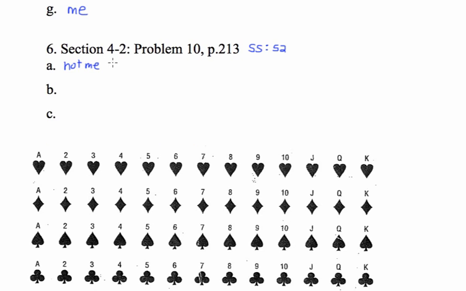So when something's not mutually exclusive, we need to use this formula. You take the probability that you get a 4 and add it to the probability that you get a diamond, and then subtract off the overlap. Subtract off the things you counted twice. So things that are 4 and a diamond.